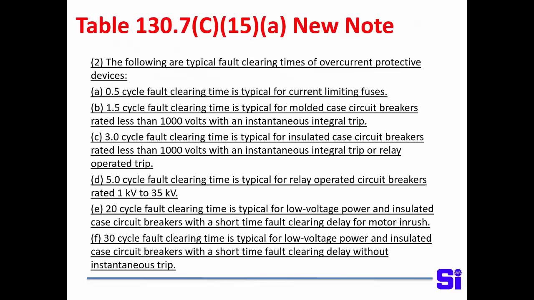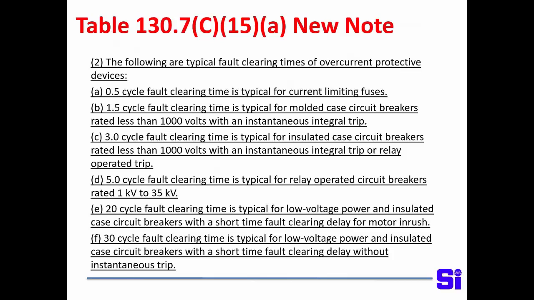One of the things we're adding to 130.7(C)(15)(A) is this new note, out of IEEE 1584, with typical fault clearing times of overcurrent protective devices. You've got current limiting fuses, molded case circuit breakers, insulated case circuit breakers, relay operated circuit breakers. There's a whole range of overcurrent protective devices here. In the past, when people used the table method, they wondered what they should use for fault clearing time.